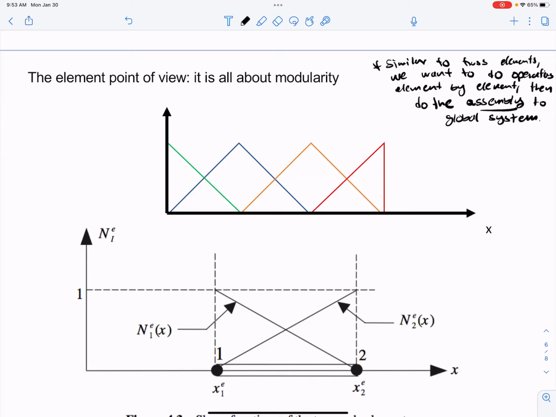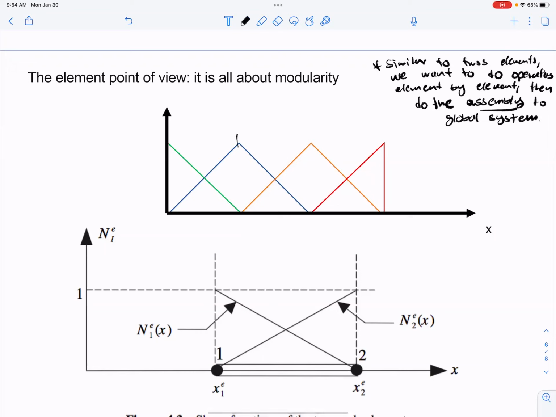What that means is that I actually do not want to do N1 and 2 and 3 and 4, because that works, but the problem with that is that then I need to be looking at the entire mesh at once. So that's not very practical. I want to do it in a way that I can just look at one element at a time.